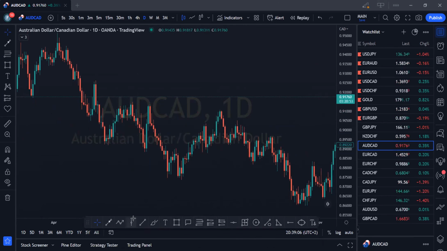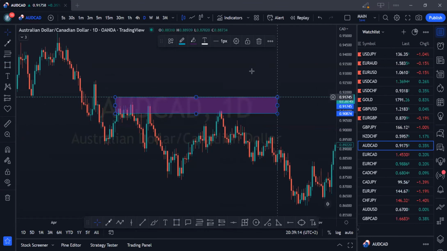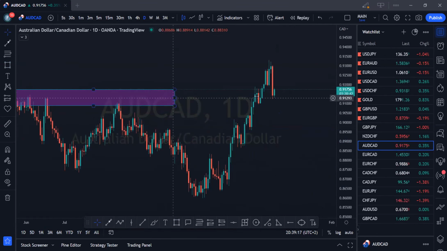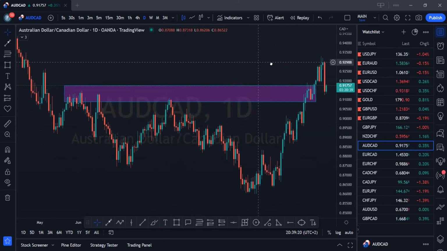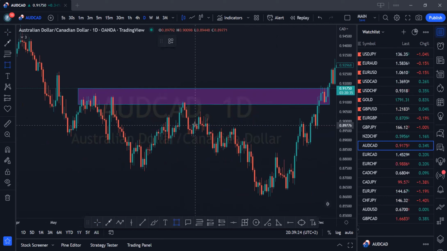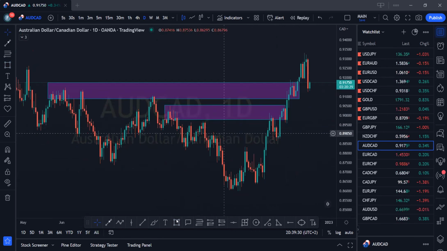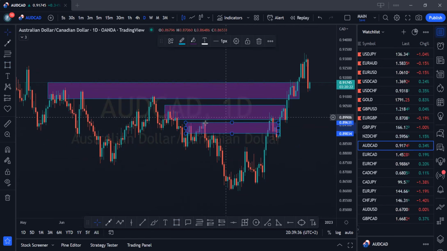All right, so over here, we can see price here like so. Okay, let's take it to the future. What do we have? Resistance zone. Okay, this is also another resistance zone. Okay, a lot of resistance zones. This is also another resistance zone. Okay, so let's just do these three for now.